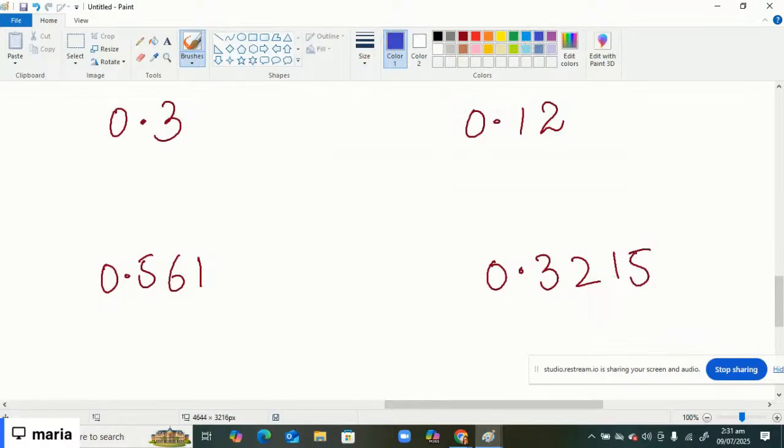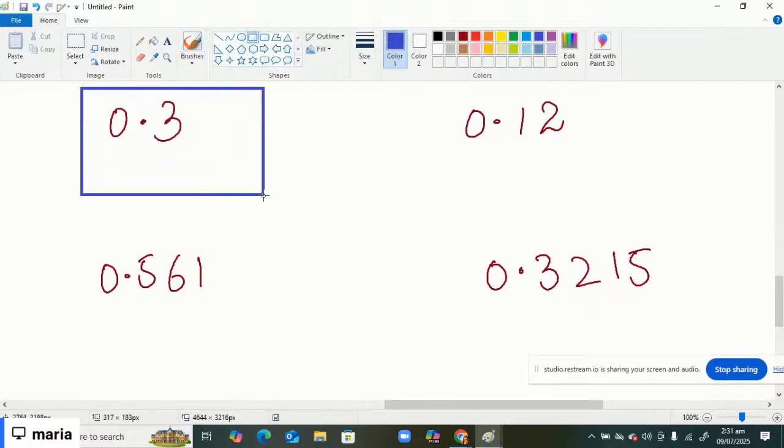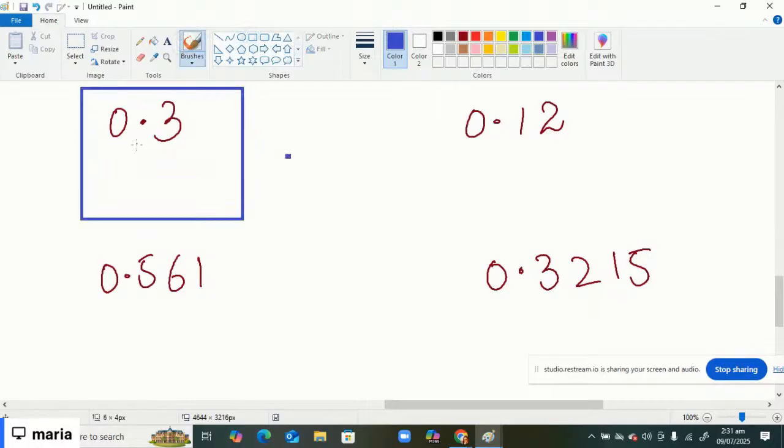So if we have a question like this, when we see the first one, 0.3, we are going to solve this one. How can we solve it? We are just placing the 1 in the place of the decimal point.